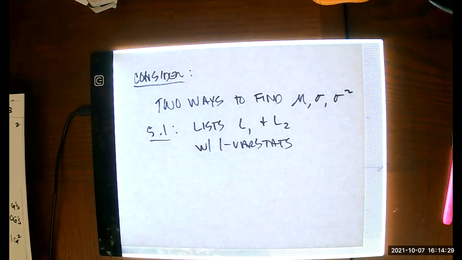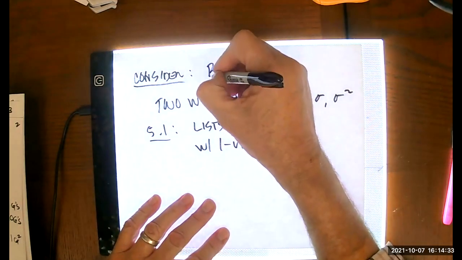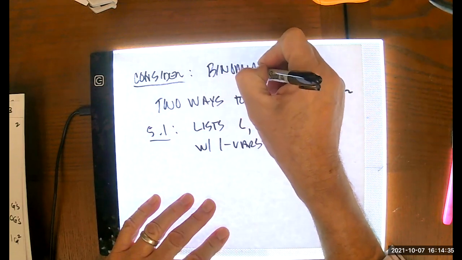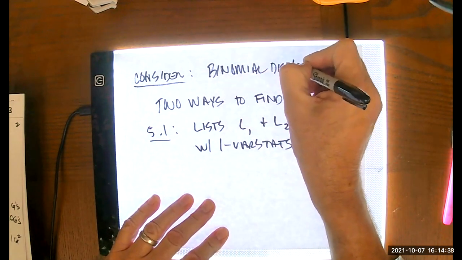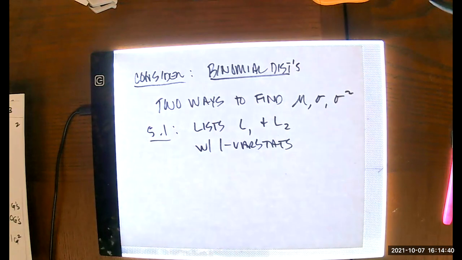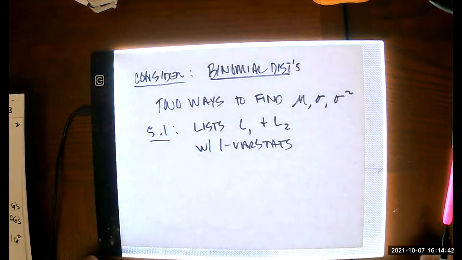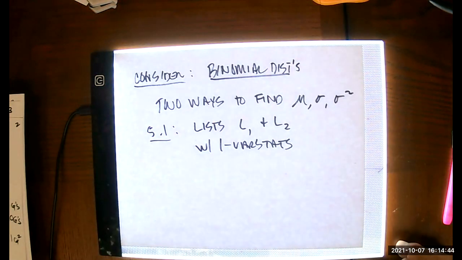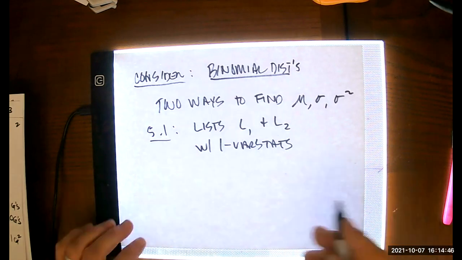That's one way to go about doing it for the binomial distribution, and it applies for all binomial distributions. So in 5.1, I can put stuff into lists and use the formulas that are built into my calculator.